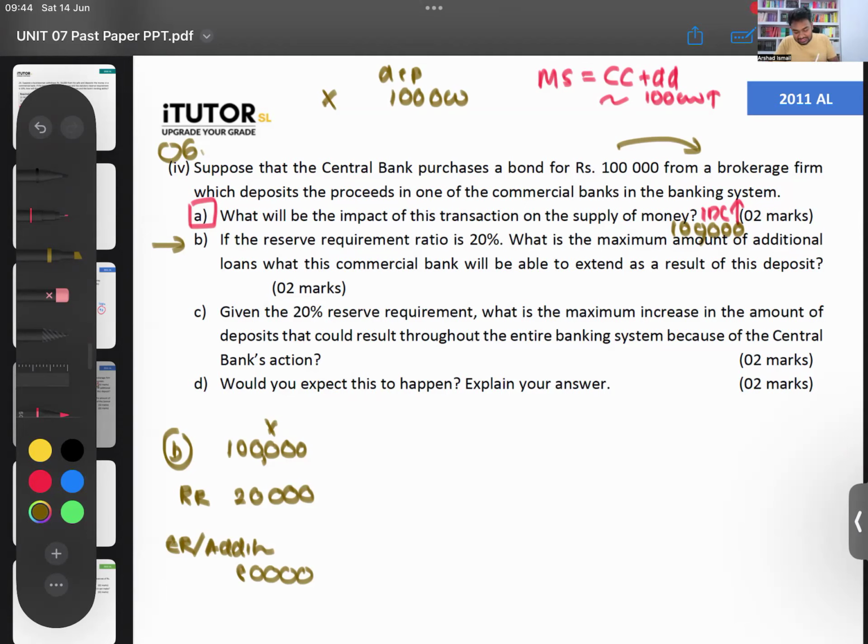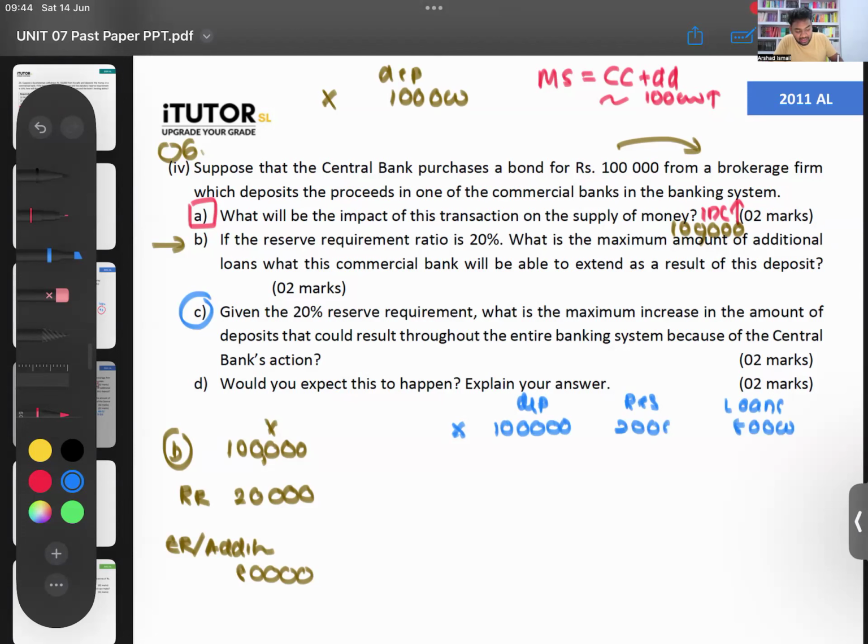Okay, then part C. Given the SRR of 20%, what is the maximum increase in deposits in the entire banking system? Because of this deposit of 100,000 that came. First, they asked you how much loans bank X can give, and that is where you got the 80,000.